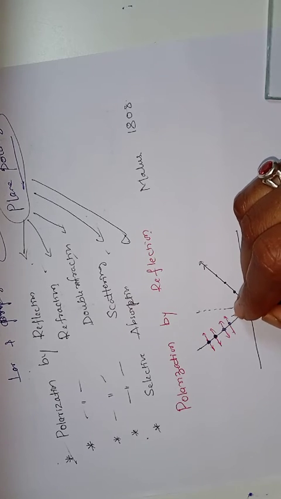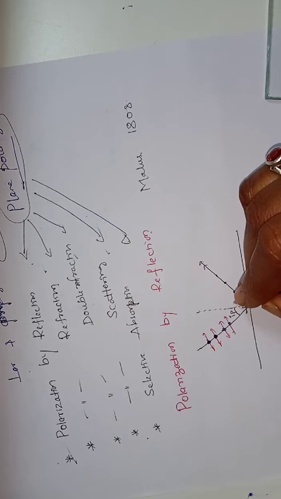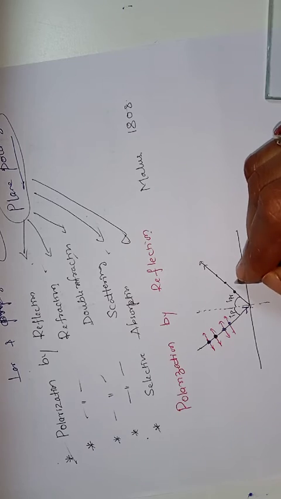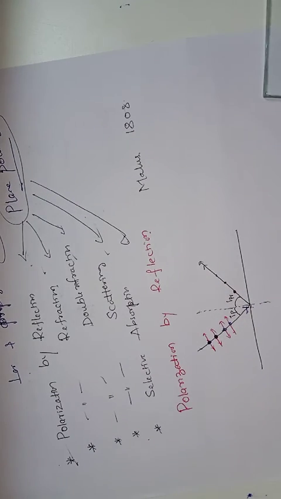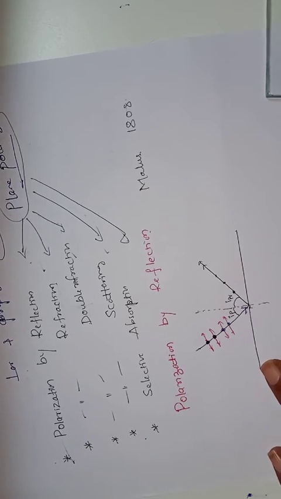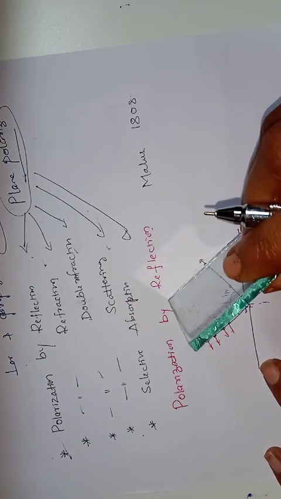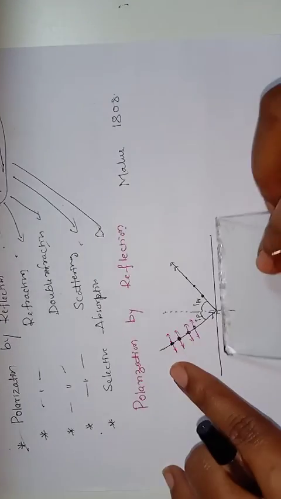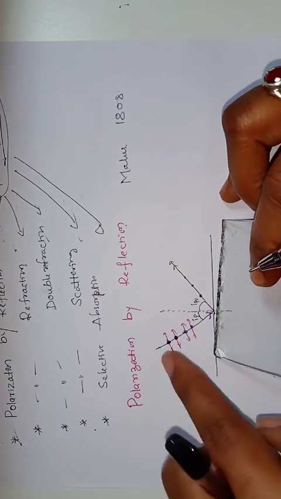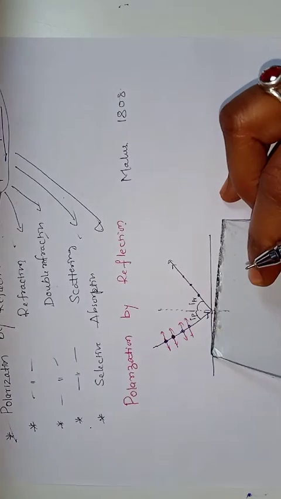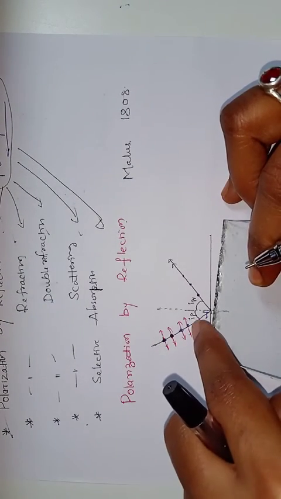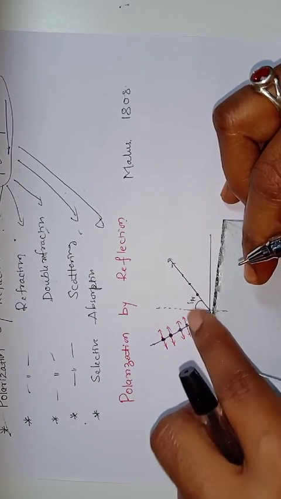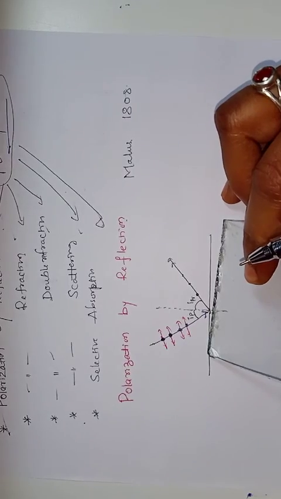This is the incident unpolarized light, and this is the reflected polarized light. If we keep a tourmaline crystal here, the incident ray on the glass slab is incident at an angle IP and gets reflected by IR, that we know.